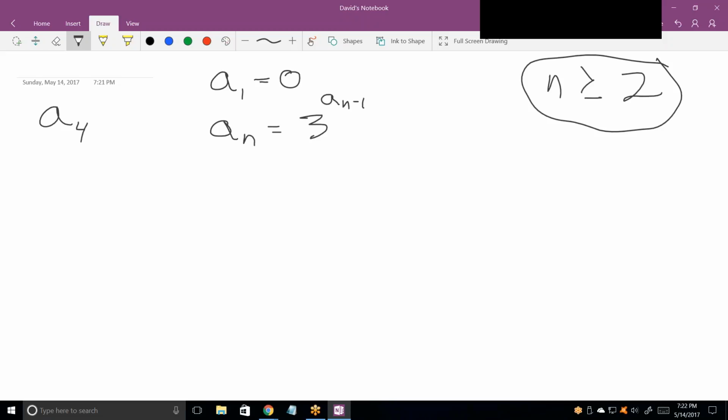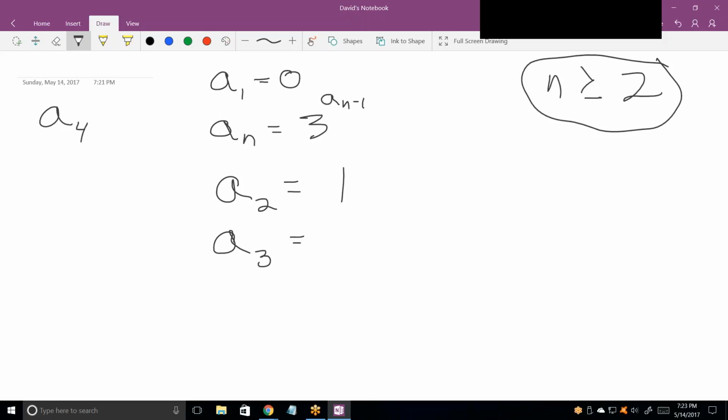So let's just do the same process. What's a sub 2? If a sub 1 is 0, a sub 2 would be 3 to the 0 power. So that just becomes 1, right? That's correct. Okay, so a sub 3.